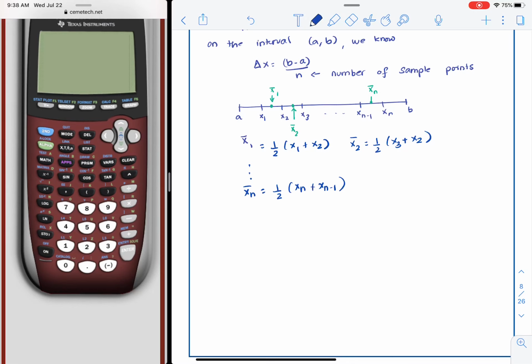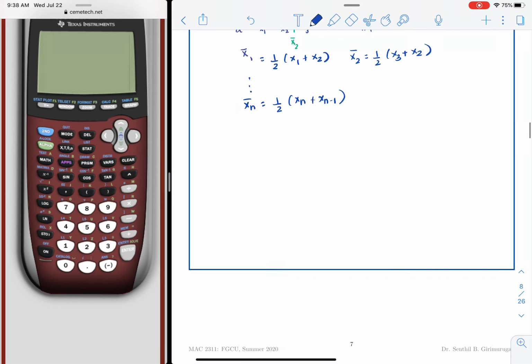So now we could define the Riemann sum, I'll call it Mn, as simply sum i equals 1 to n, the function evaluated at each of those midpoints multiplied by delta x.